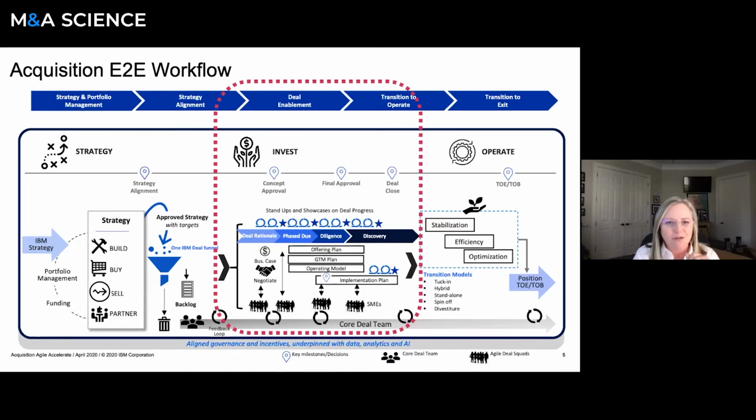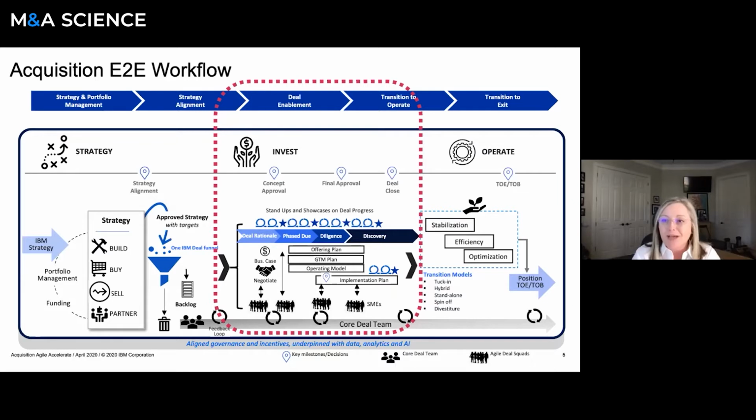So you see the little loops here above the end-to-end workflow, and those loops indicate that we're iterating across this constantly. We then looked at it in three areas of critical importance: the offerings, as you bring in an acquisition, the go-to-market, so building synergies, and the operating model. And then we built the implementation plan according to that.